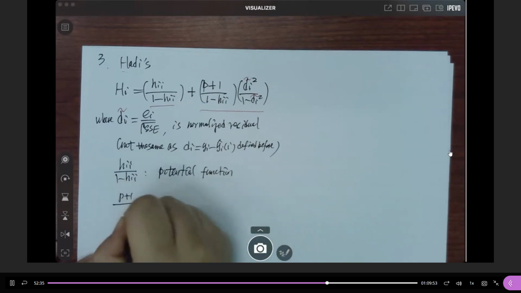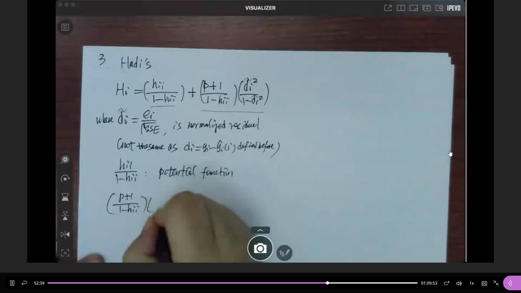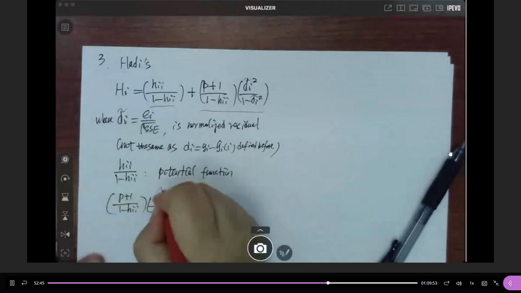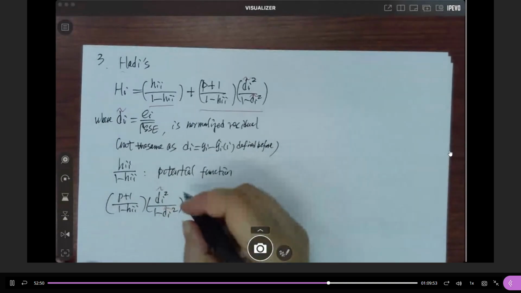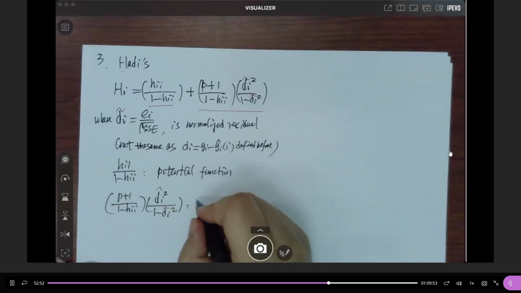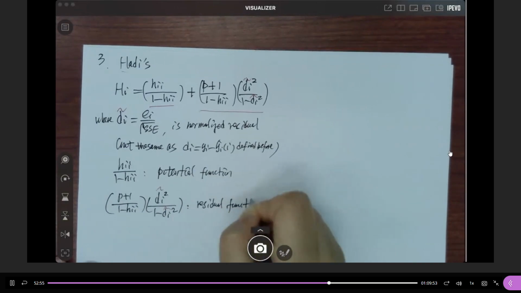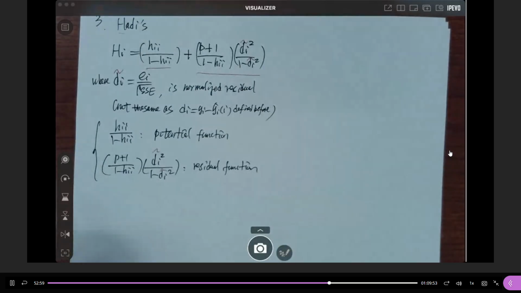The second term, P plus 1 over 1 minus HII, multiplied by di squared over 1 minus di squared, and again I'll put a tilde here to indicate it's different, is called the residual function. The two terms are called potential plus residue.